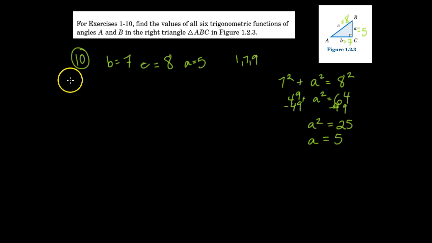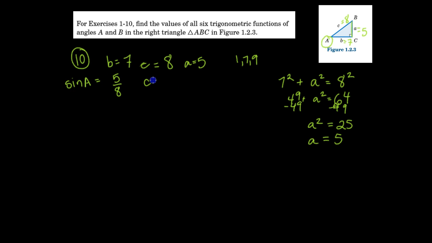So we're just going to start writing all of our ratios. We have that the sine of A, as from before, is equal to opposite over hypotenuse. So the opposite side is 5. Remember, I'm using this angle A. The opposite leg is over on this side, BC. So that's 5 over the hypotenuse. The hypotenuse is 8.